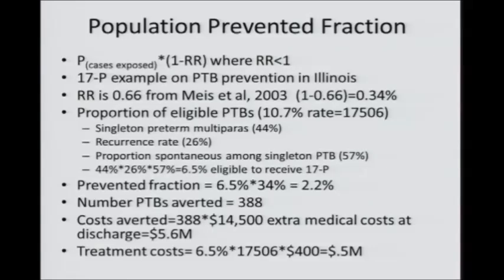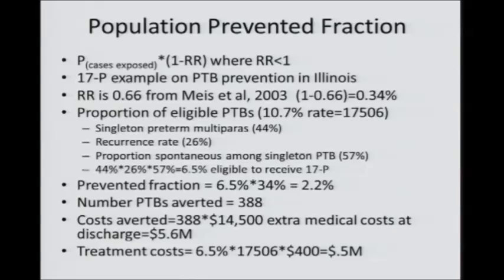So the reason that you're multiplying the 44%, 26%, 57% is because of the people who had a previous preterm, only 26% of them have a recurrence rate, and only 57% of them have a spontaneous. So that's why it has to have all three things. Right.